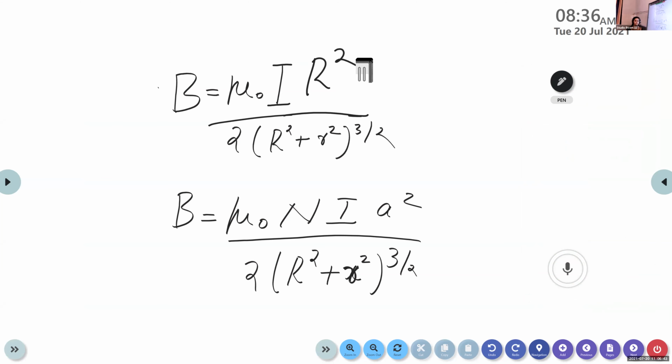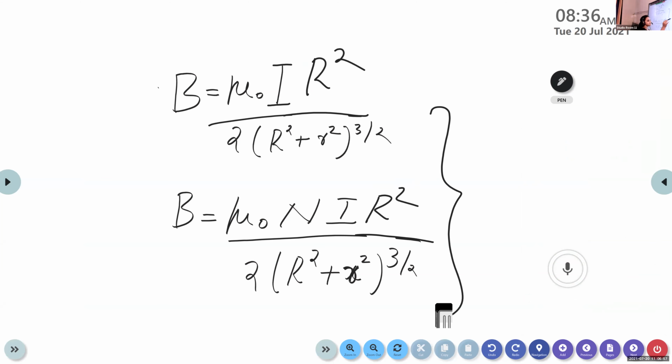Or we can write for n number of turns, the equation becomes B is equal to mu 0 n I R square divided by 2 into (R square plus r square) the whole raised to 3 by 2. This equation represents the magnetic field produced by a circular coil.